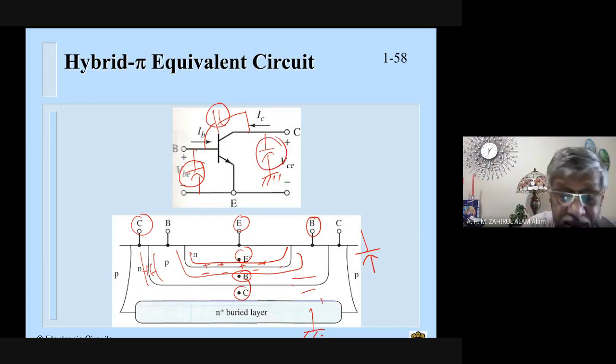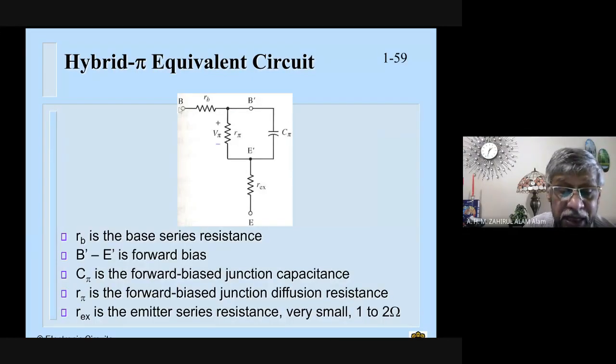If you neglect the internal resistance. For base external to internal, there is also some contact resistance, which is very small. So this is the mid-band equivalent circuit diagram. And we have another capacitance C pi, which is the forward bias junction capacitance.